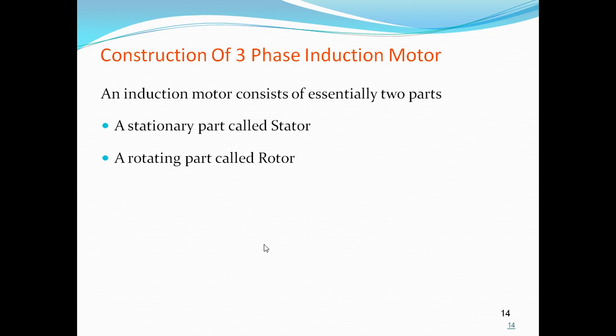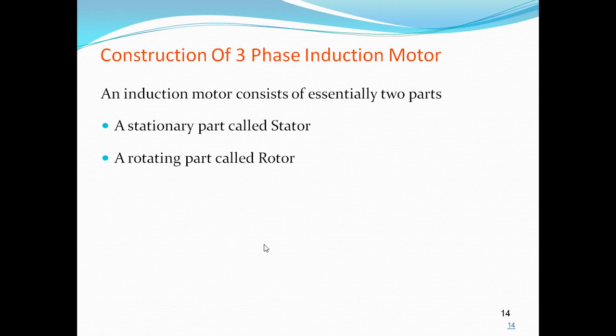The rotor conductors need not be insulated from the core, since the current flows through the least resistance path of the conductor. The rotor bars are short-circuited at both ends by using end rings.